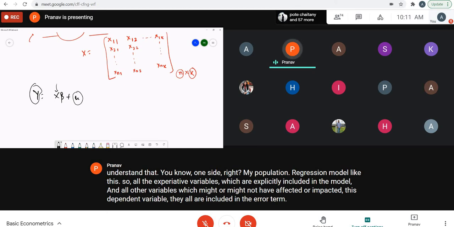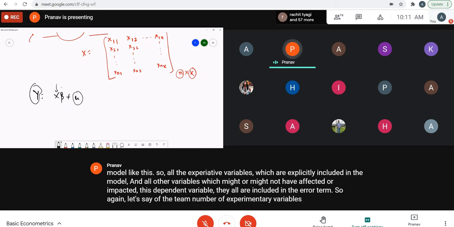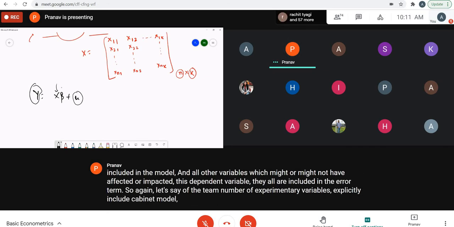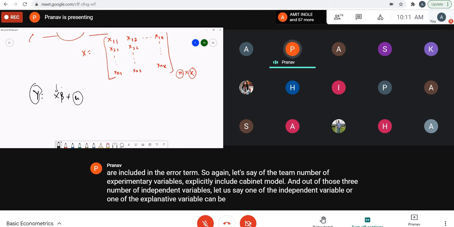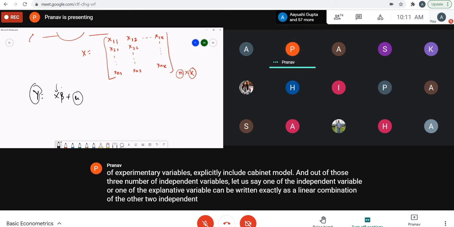So if you have, let's say, 3 explanatory variables explicitly included in your model, and out of those 3 independent variables, let us say one of the explanatory variables can be written exactly as a linear combination of the other 2 independent variables.